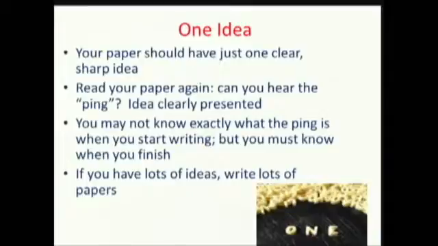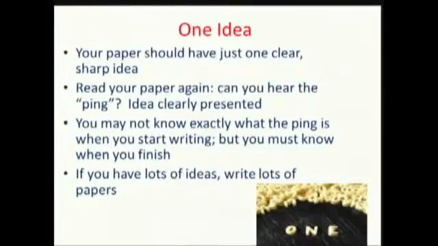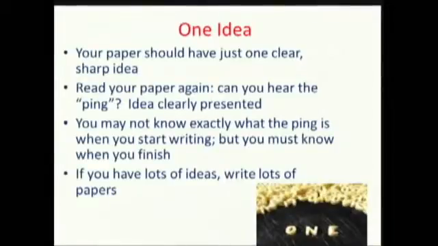Once the scientific community accepts that, then you move on to the next idea. Okay, is it clear? So you move to the second idea, which is dependent on the first paper, and you use the first paper as a reference. However, if you try to prove all the 4 points in one paper, usually people don't go for this. It says here at the bottom, if you have lots of ideas, write lots of papers.